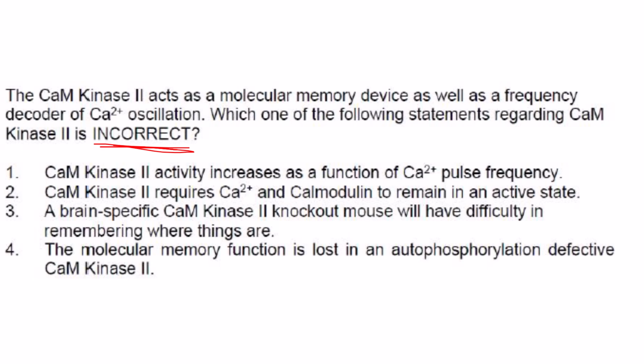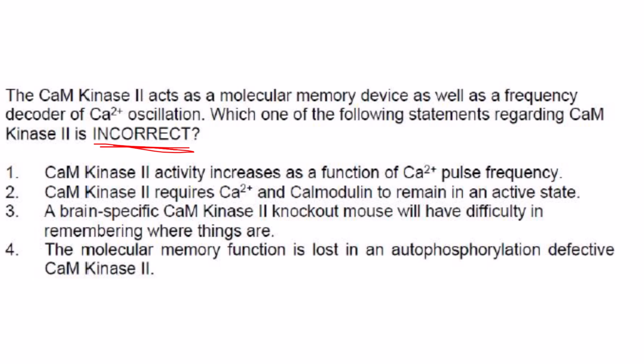CAM kinase 2 is activated by Ca2+ and calmodulin, and once activated it will autophosphorylate itself. This autophosphorylation takes place at the threonine 286 position, and it can remain active even after the Ca2+ and calmodulin have decreased in concentration.